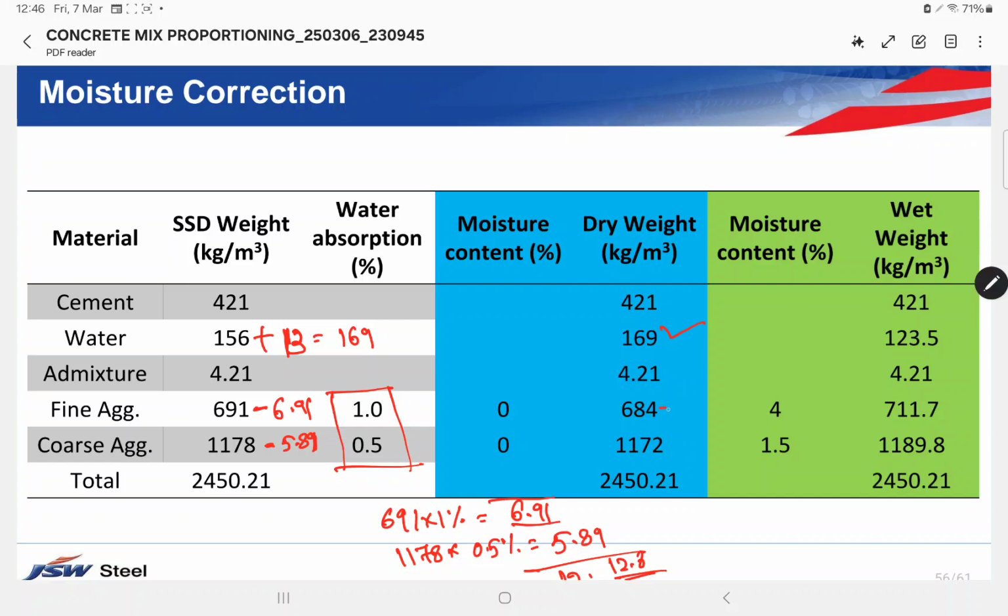If I reduce the quantities of my aggregate, after absorbing enough water to make them SSD, the final weight of aggregate will become 691 and 1178 respectively. So this is the way to do the moisture correction when the aggregates are in dry state. Similarly, I gave you the task of finding out the moisture correction for the wet case, during the rainy season.